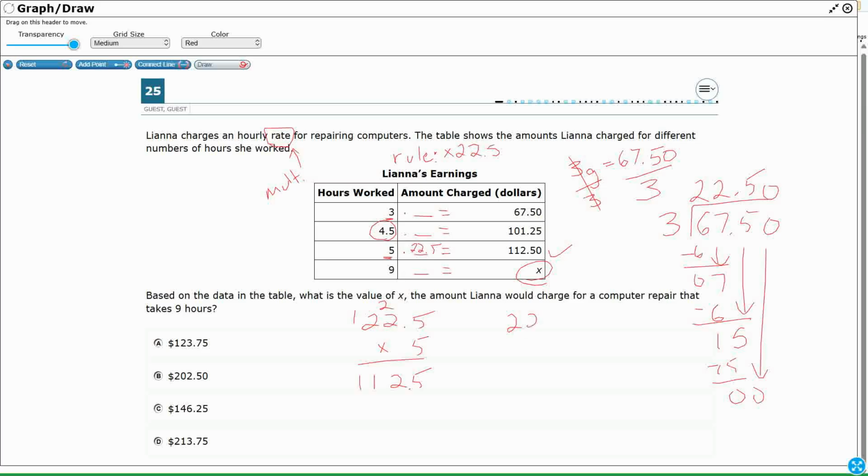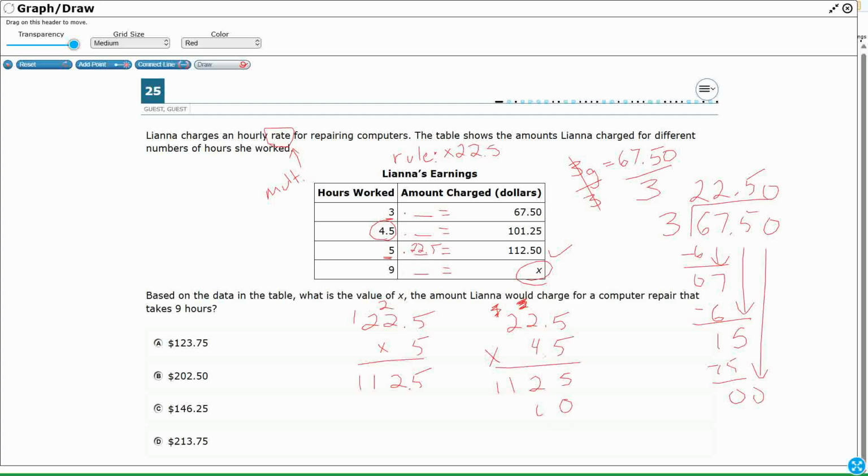And it needs to also work for this 4.5. So I'm just going to treat it like 225 times 45, and I'll bring in the decimals at the end. So that's going to be 5, that's 10, that's 12, 10, that's 11. Now let's go ahead and get rid of those.